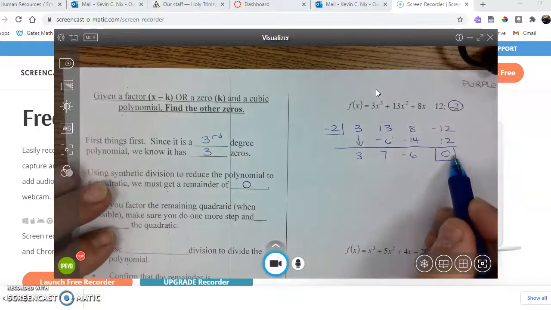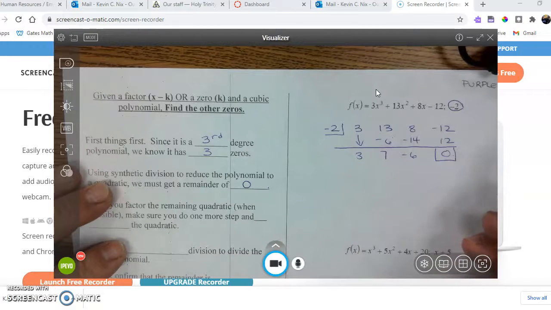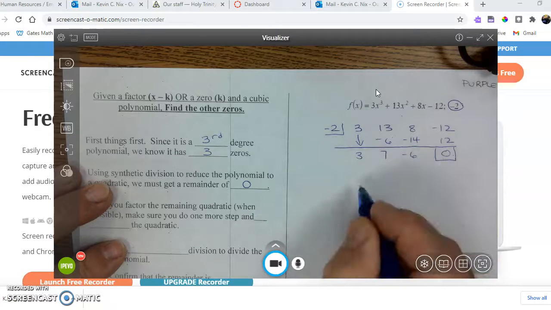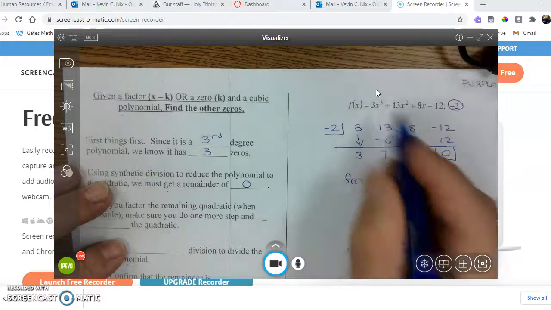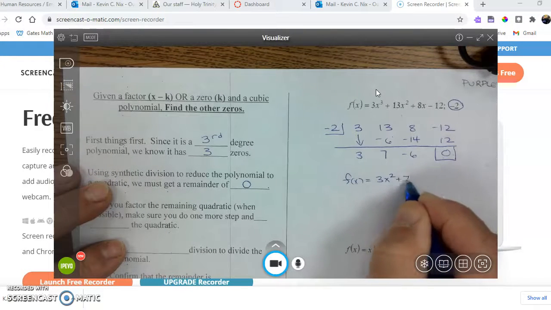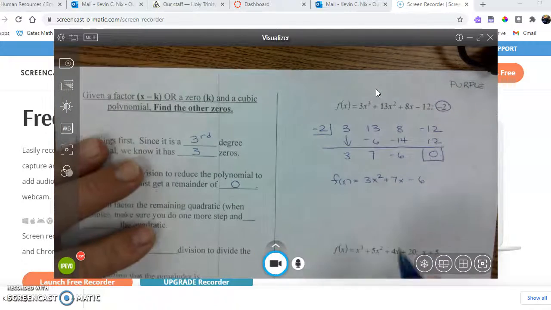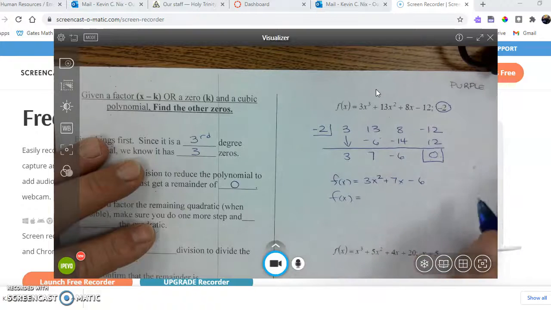If you don't get a remainder of 0 right here, then this number right here, -2, is not a solution, okay? So understand that. But I did get 0, so the new polynomial becomes f of x equals 3x squared plus 7x minus 6. So now I'm just going to factor this to find the last two solutions.